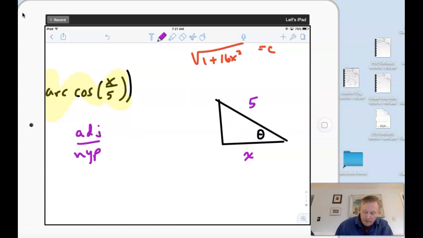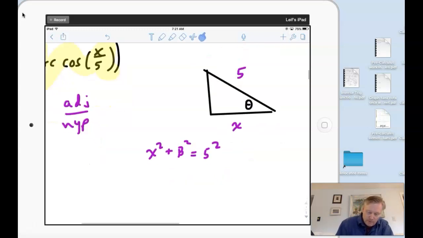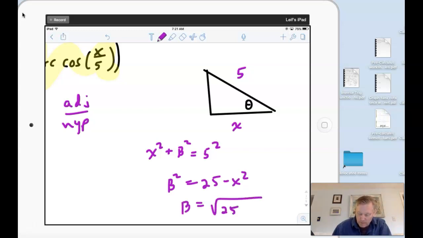Hypotenuse would be the 5, which means I'm going x squared plus b squared equals 5 squared. So therefore b squared equals 25 minus x squared. So b is the square root of that. So there's my third side of the triangle.